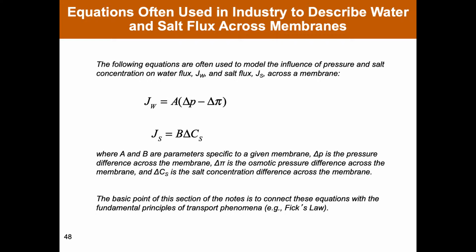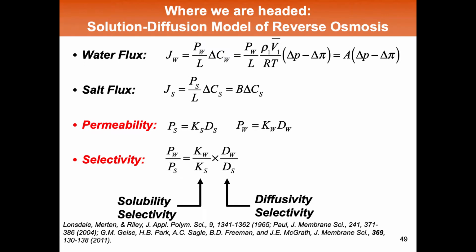It will be related to salt permeability and thickness. If we come back to this slide, you can see that B is the salt permeability per unit thickness of the membrane, and A is this grouping of terms that includes water permeability, thickness of the membrane, and then the density and partial molar volume of water.